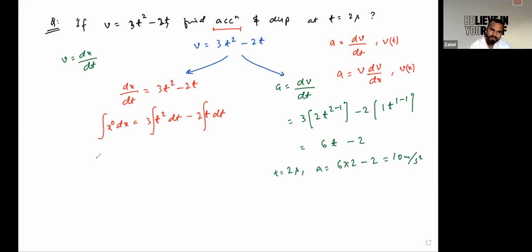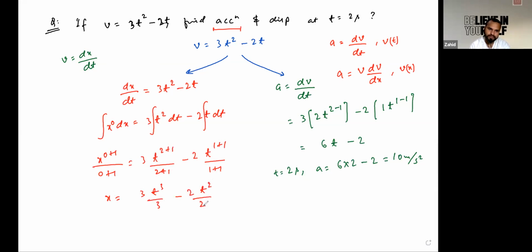Similarly, if you integrate this particular part, x raised to 0, it will be 0 plus 1 divided by 0 plus 1. t raised to 2 will be 2 plus 1 divided by 2 plus 1, minus 2t raised to 1 will be 1 plus 1 divided by 1 plus 1. On simplifying, you'll get x equals 3 times t cubed over 3, minus 2 times t squared over 2.